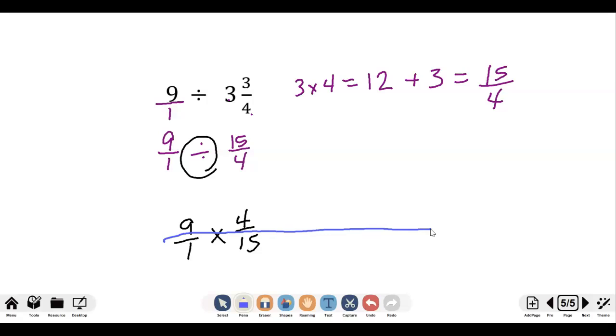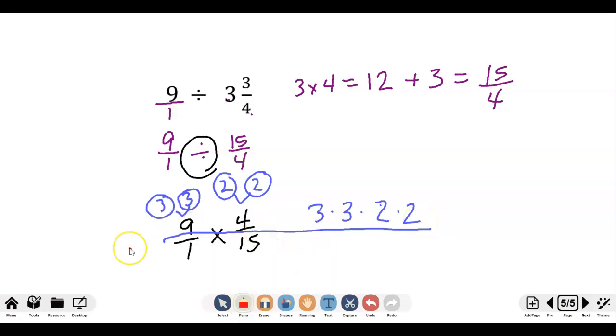Let's see, 9 is not prime, so we're going to do a little branch here. That's 3 times 3. And 4 is made by 2 times 2. And remember to leave myself room for my branches this time. So in the numerator on the top, I've got 3 times 3 times 2 times 2.